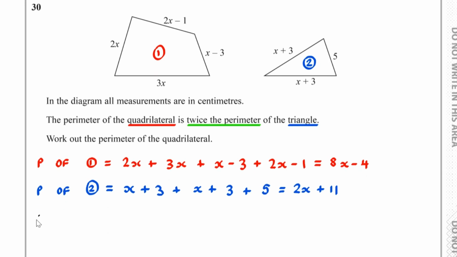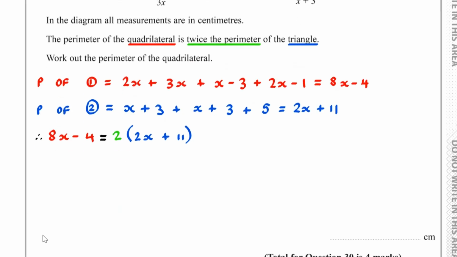Therefore, the perimeter of the quadrilateral, 8x minus 4, equals twice the perimeter of the triangle, 2x plus 11. This is what we're told in the question. So let's expand and simplify. We've got 8x minus 4 equals 4x plus 22.